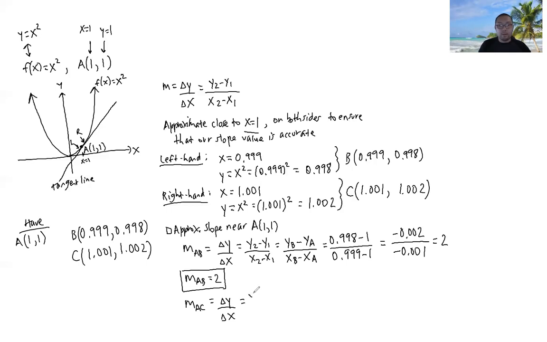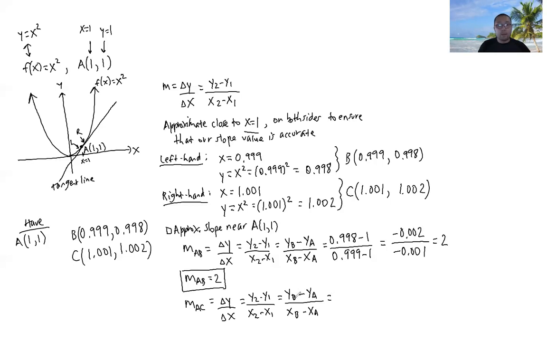is equal to the second y minus the first one divided by x2 minus x1. This is the general formula. Now, specifically for what we're doing, the y-coordinate from B minus the y-coordinate from A divided by the x-coordinate from B minus the x-coordinate from A. So now let's plug our values in.